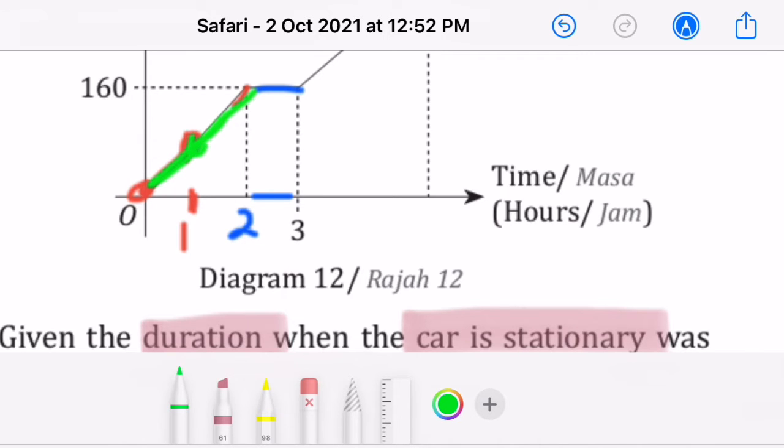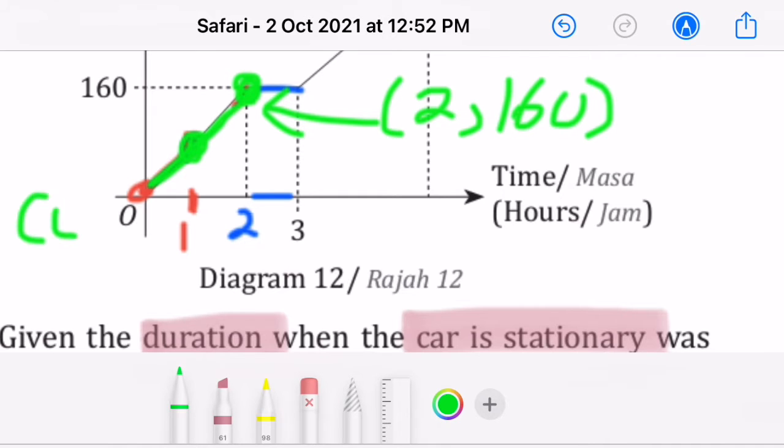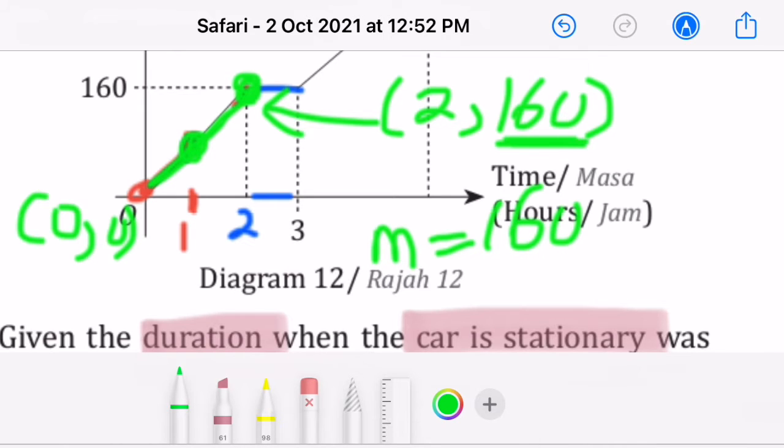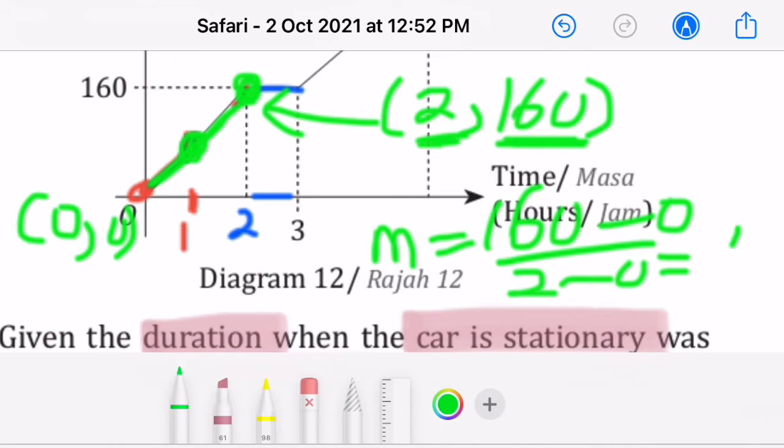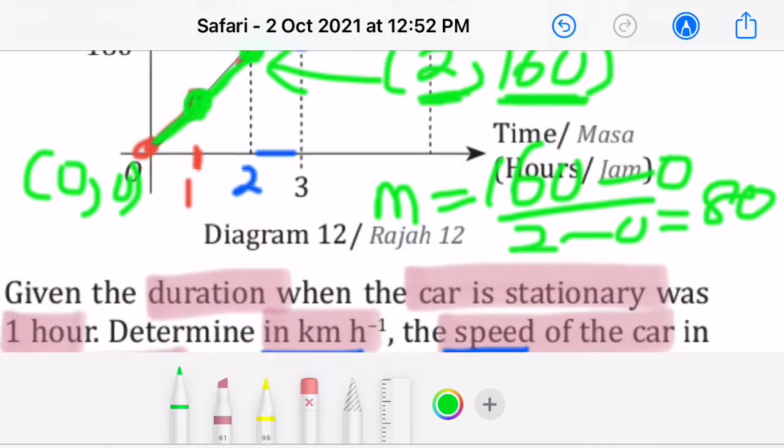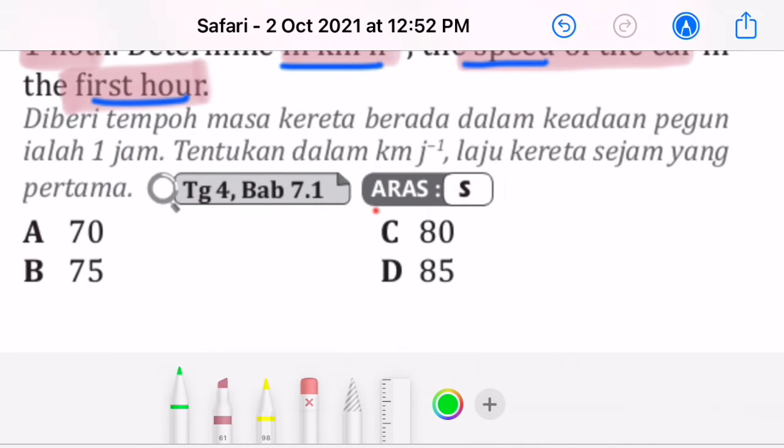So we use a point, this is 2 and 160, and this is 0, 0. Gradient means speed: 160 minus 0 over 2 minus 0. 160 divided by 2 is 80 kilometers per hour.